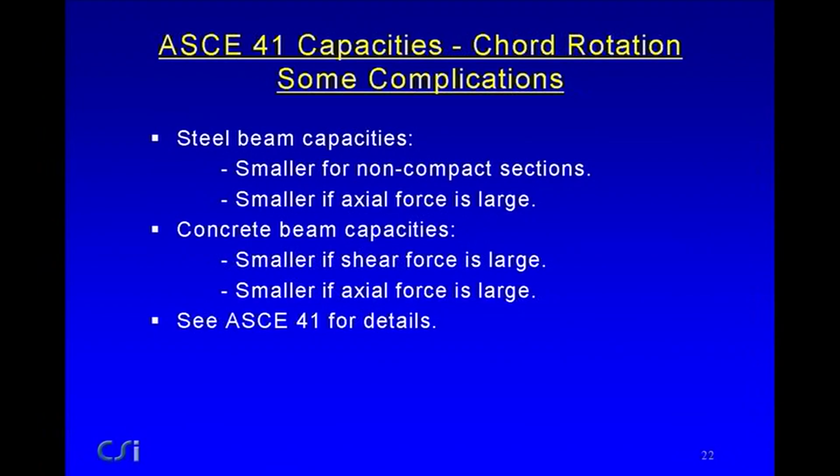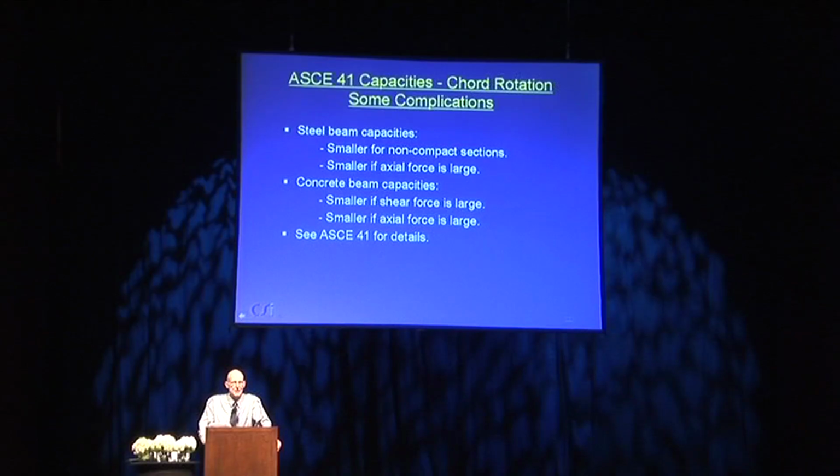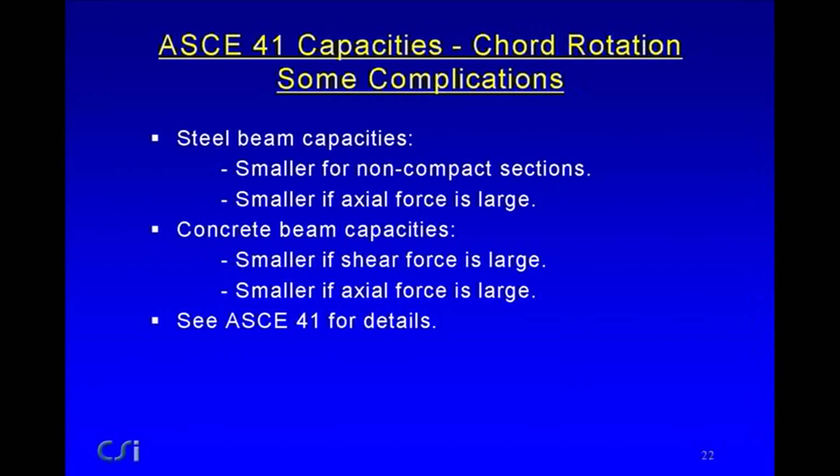So some complications. Firstly, steel beam capacities. The values I just showed were for compact sections. If the section is non-compact, it's smaller. And if the axial force is large, typically this won't matter for a beam, but it certainly does for a column. The larger the axial force, the smaller the ductility. You tend to get buckling sooner.